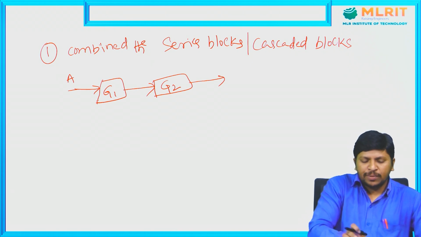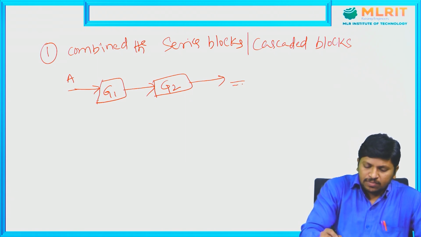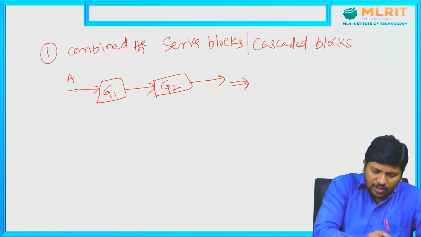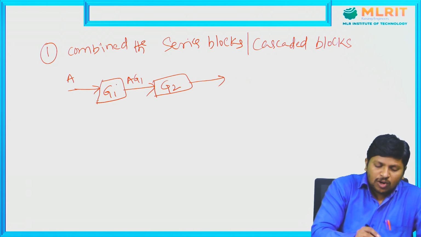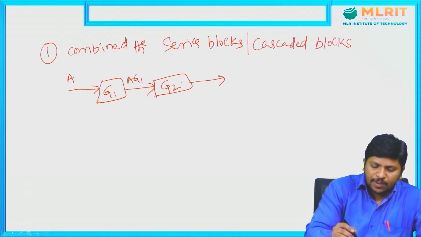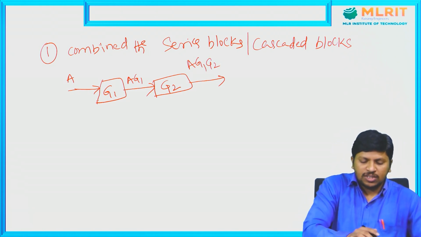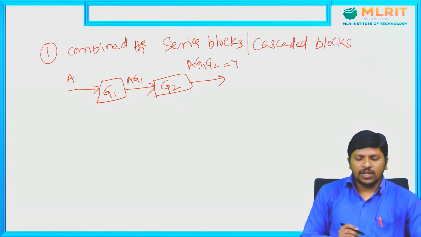Observe: the output of the first block is AG1, and the output of the second block is AG1 into G2. These two are multiplied. This is our output, y equals AG1 into G2.